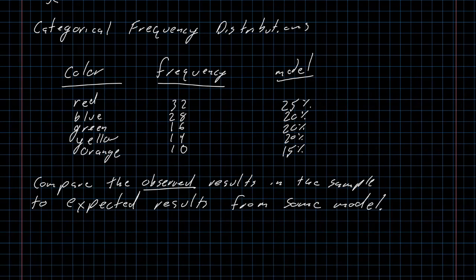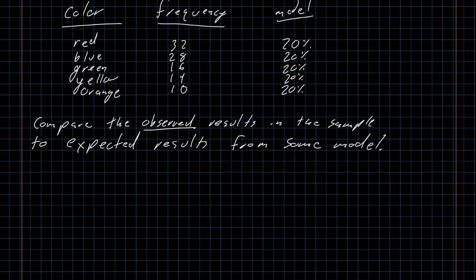That's a different model we can use. And no matter which version we use, we can perform this test. I'm going to use the equally likely model because it is the easiest one to use, but it's certainly not required that that be the case. I do need to find some way of representing what our model predicts is going to happen. And percentage frequencies tend to be a good way of doing that.